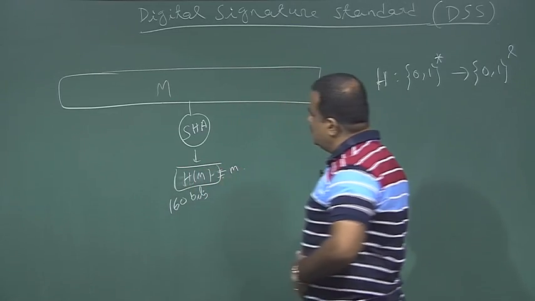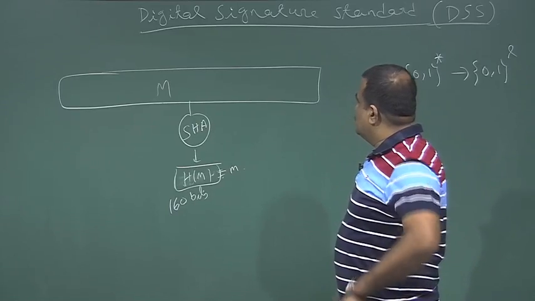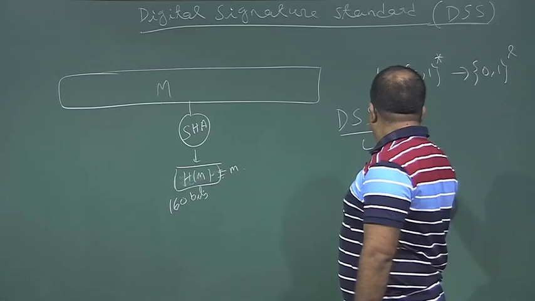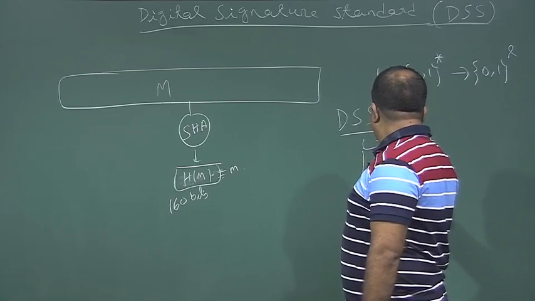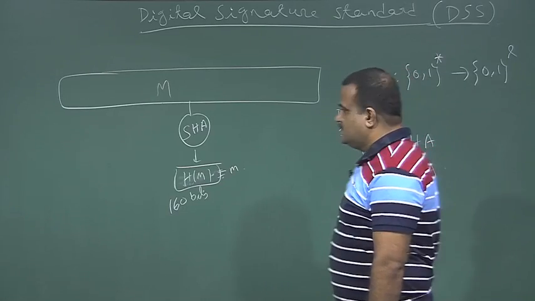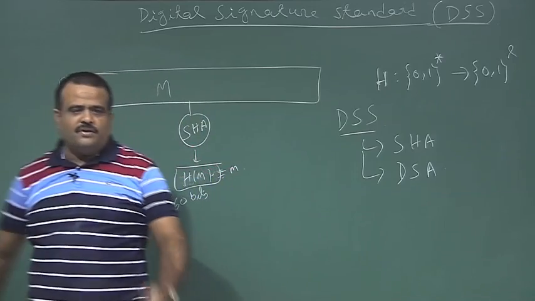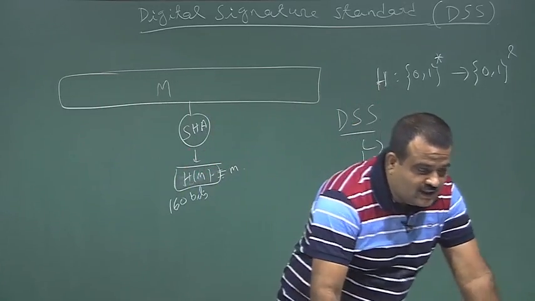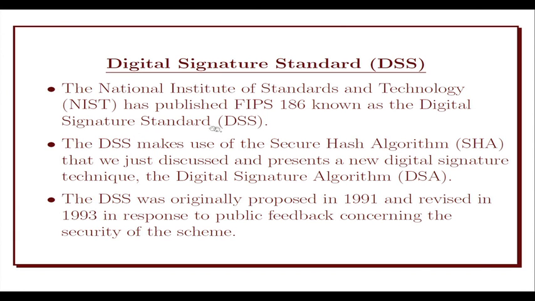Okay, so DSS basically uses SHA and DSA, the digital signature algorithm. We will define what the digital signature algorithm is. NIST published this DSS in 1991, the first version was proposed, and it was revised again in 1993.